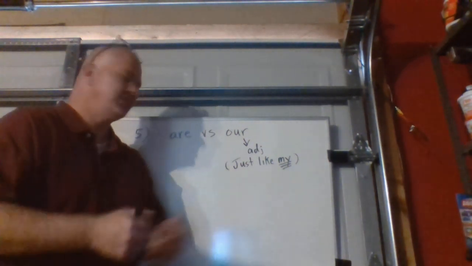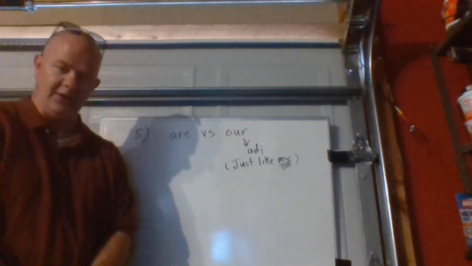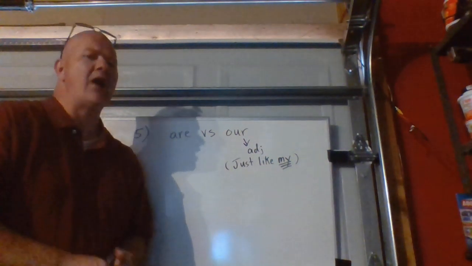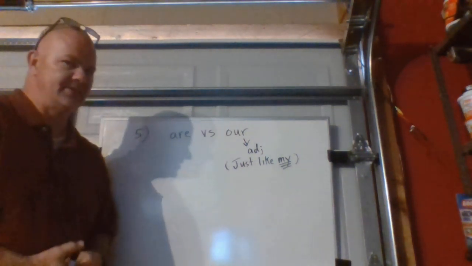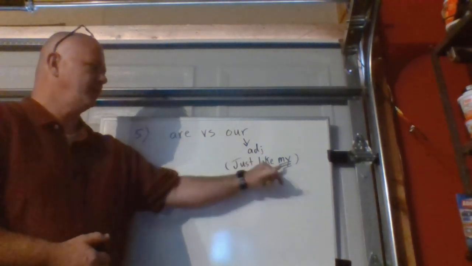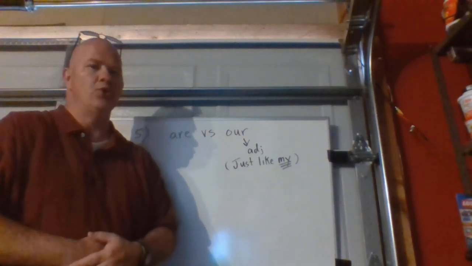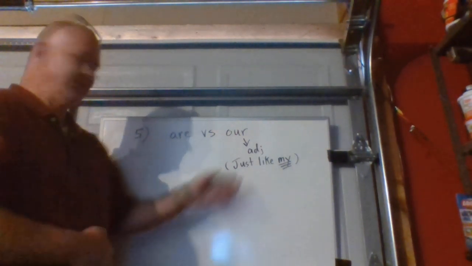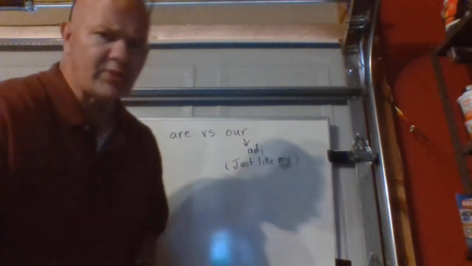They're being used the same way as adjectives. We're just talking about more than one here. If I'm saying our dog, it means more than one person owns that dog. So if you put the word my in and it still makes sense, that's absolutely correct, O-U-R. If it doesn't make sense, you've got to go with A-R-E, which we'll talk about.